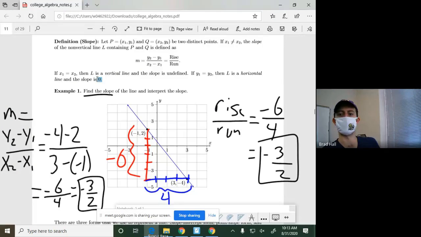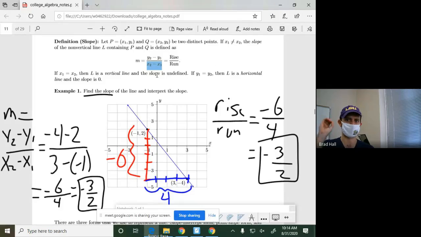So before I move on, I did want to mention this little excerpt I have right here. A natural problem with fractions in general is the issue of having 0 in the denominator. It's normally a pretty bad thing. It's kind of lame. And how do you get 0 in the denominator of this fraction? Well, if your x's are equal, in x2 minus x1, let's say they were both 3, and 3 minus 3 would be 0.